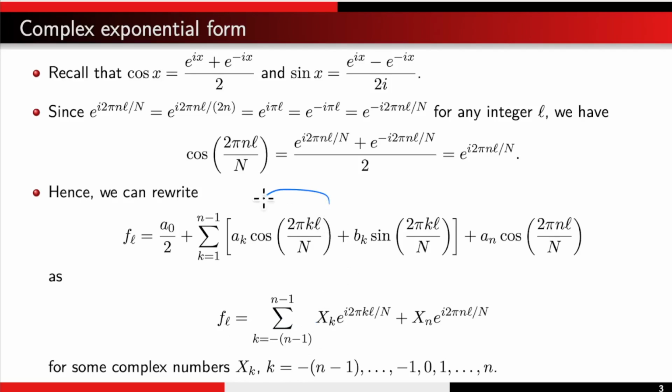And that captures all the possible exponentials in both cosine and sine at these angles. And when k is 0, e to the i 2 pi k l divided by n is 1. So the coefficient a0 divided by 2 is also captured in this summation as well. So that means fl can be written in this form. And now the xk's are the unknowns.